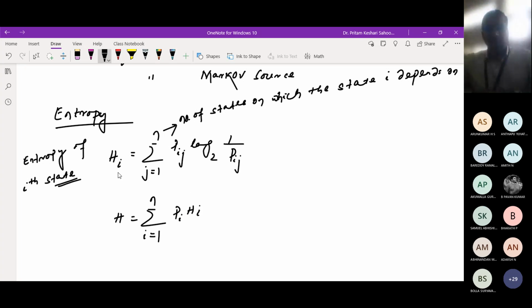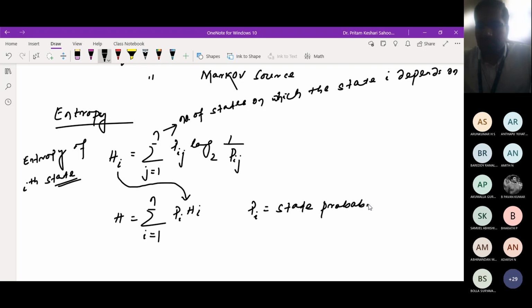So Hi we have calculated over here. So Hi is nothing but the entropy of every individual state. And what is Pi? Pi represents the probability of each state. This is called the state probability.